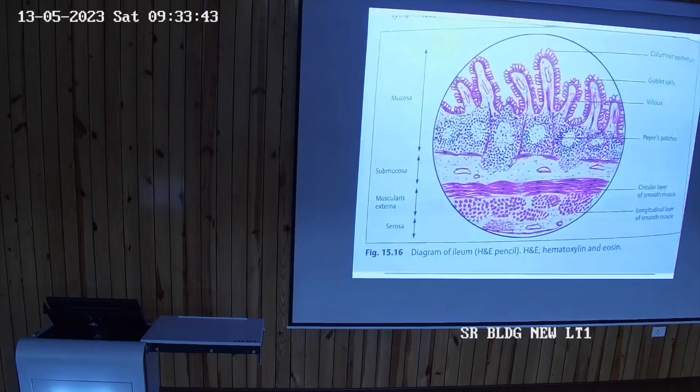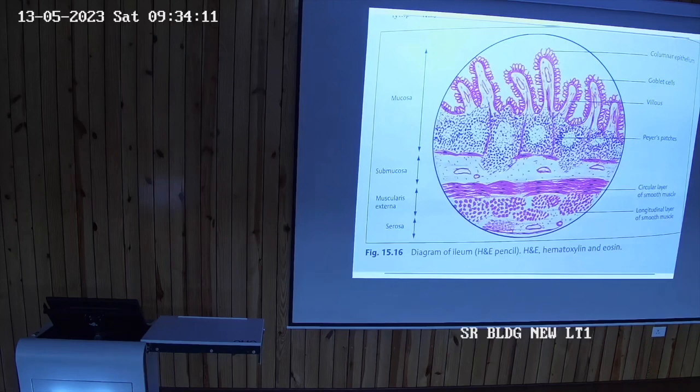Now look, again you are seeing the villi. Between the villi, the number of goblet cells is greater compared to the jejunum. As we go down, the number of goblet cells increases. Look at the lamina propria and go down, past the interrupted muscularis mucosa, where there are aggregated masses of lymphatic tissue.